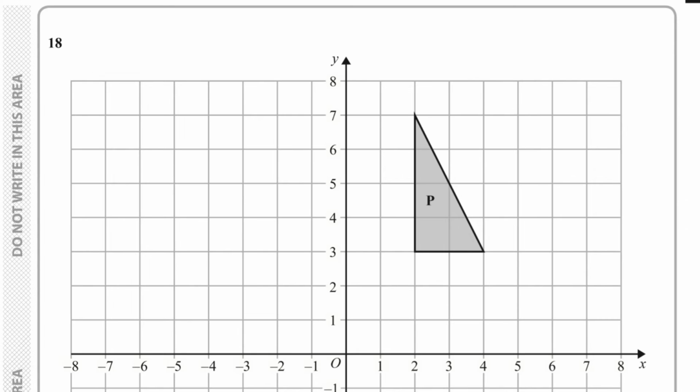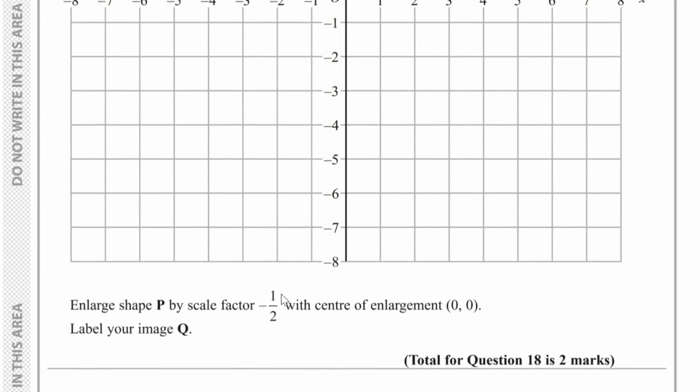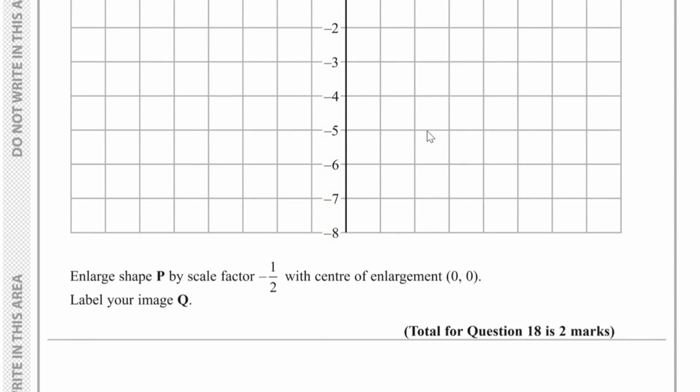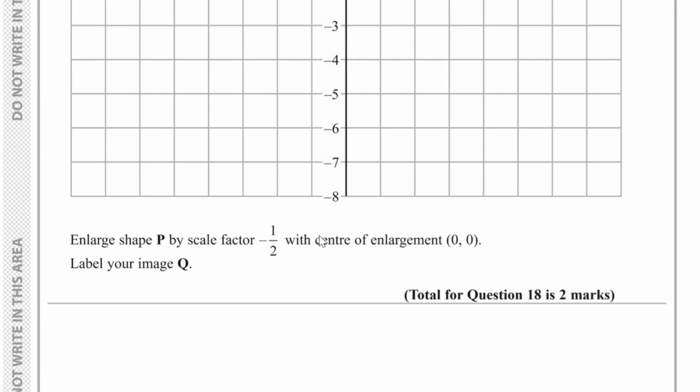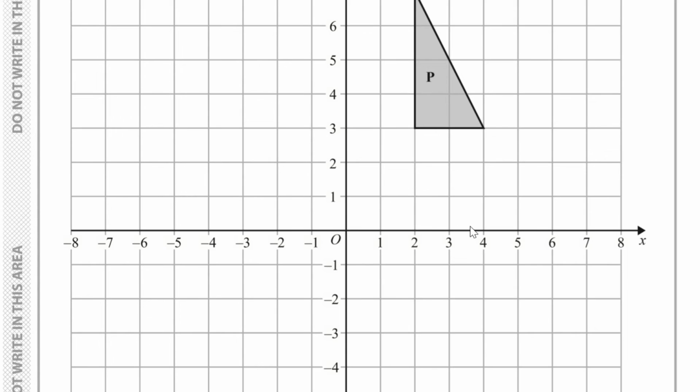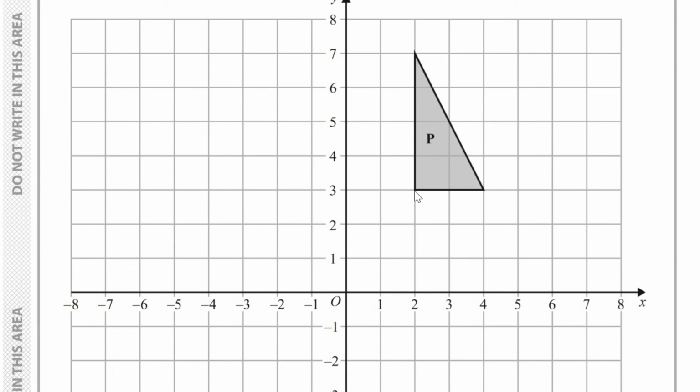Question number 18. We have to enlarge shape P over here by a scale factor of -1/2 with centre of enlargement at the origin, and we have to label our shape Q. So if we consider this point, it goes through the origin.